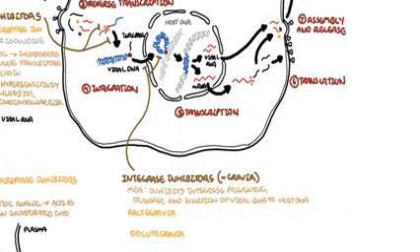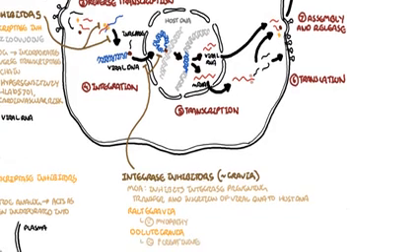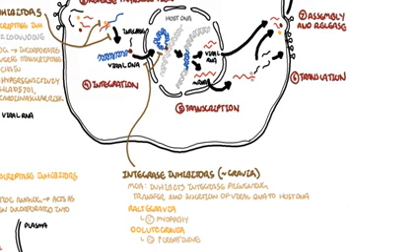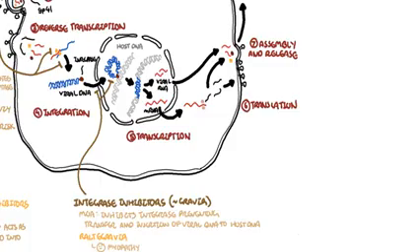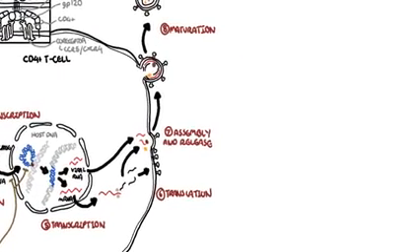The main side effect of raltegravir is myopathy as well as an elevation in creatinine, and dolutegravir causes elevation in creatinine. The next antiretroviral class are the HIV protease inhibitors.